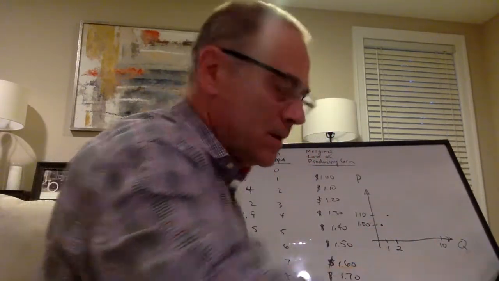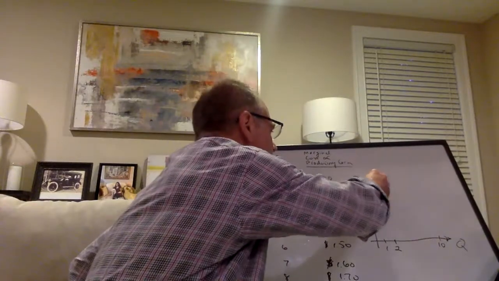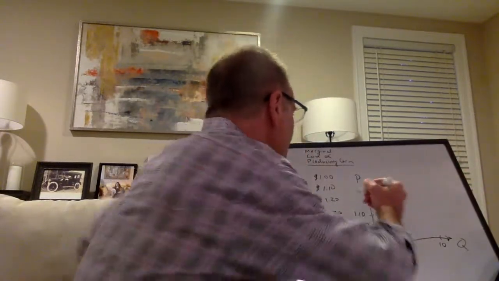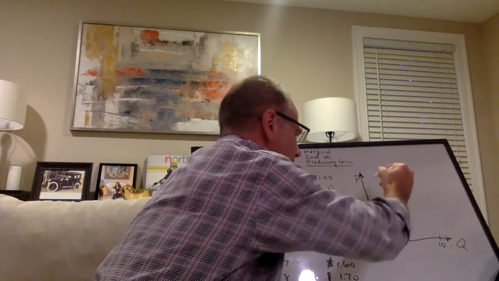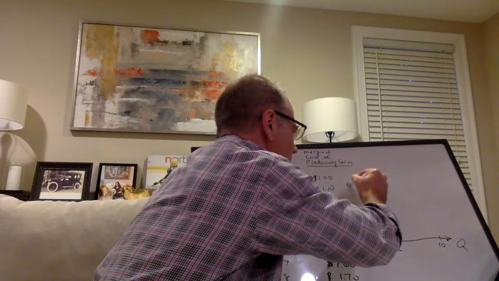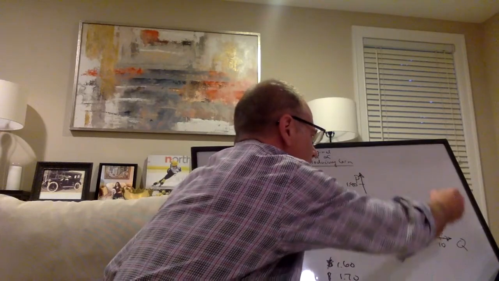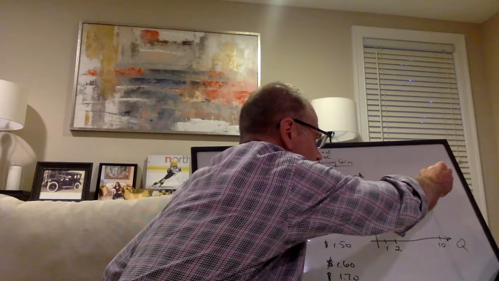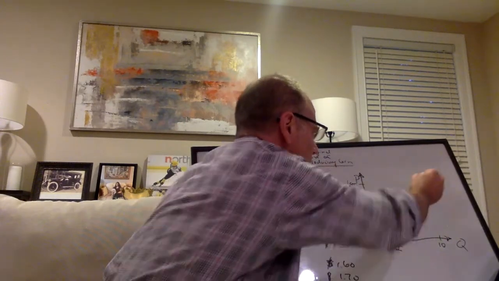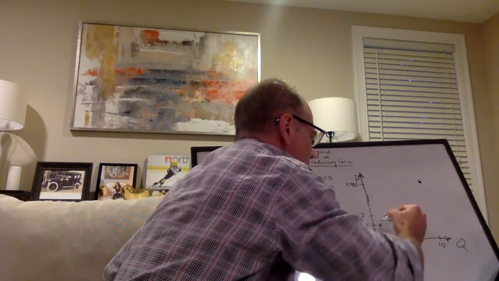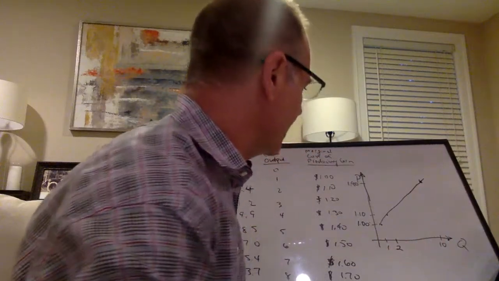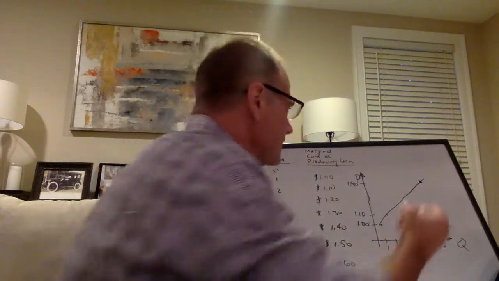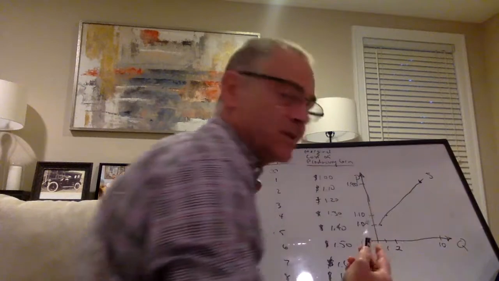Let's make this price graph a little bit higher, so we get all the way up to $1.90. The farmer is willing to produce 10 bushels of corn, and if I've done this right, this line should look something like a straight line. And this we will call the supply curve.